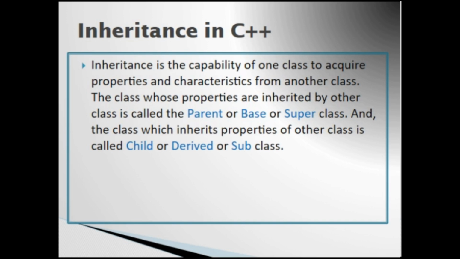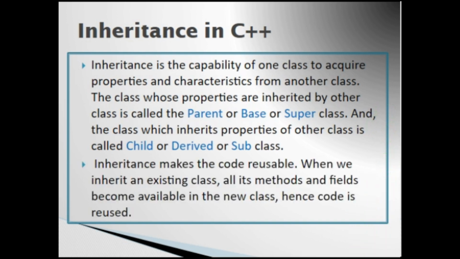The existing class is known as parent class, base class or super class. And the class which inherits the properties of the existing class, that new class, is known as child class, derived class or subclass. We will see this with an example.